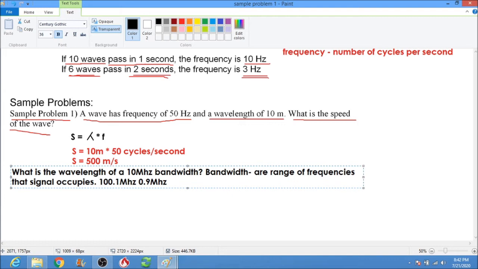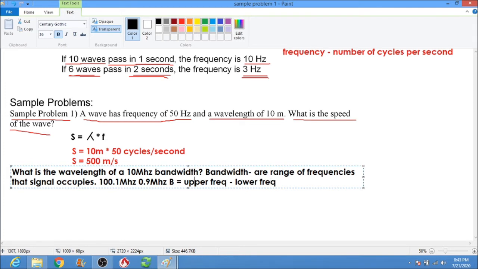The computation for bandwidth is equal to the upper frequency minus the lower frequency, and that is your bandwidth.